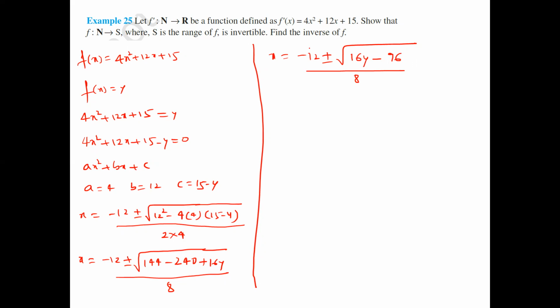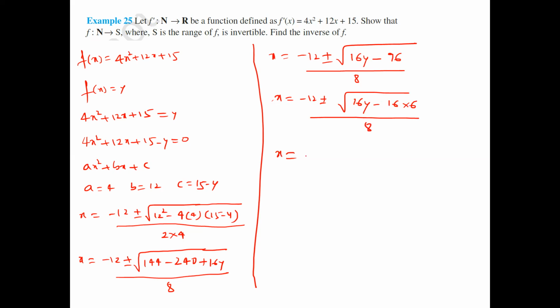Yes, 96 can be written as 16 into 6. 16 we write as it is, and 96 we write as 16 into 6, divided by 8.